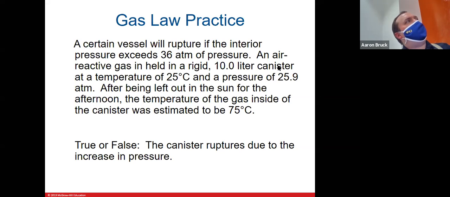So that's the first thing. 36 atmospheres of pressure is a comparison value. It is not one of our pressure values. Second thing we need to think about. If our canister is rigid, what is its volume going to be? Yeah, it's going to be constant.